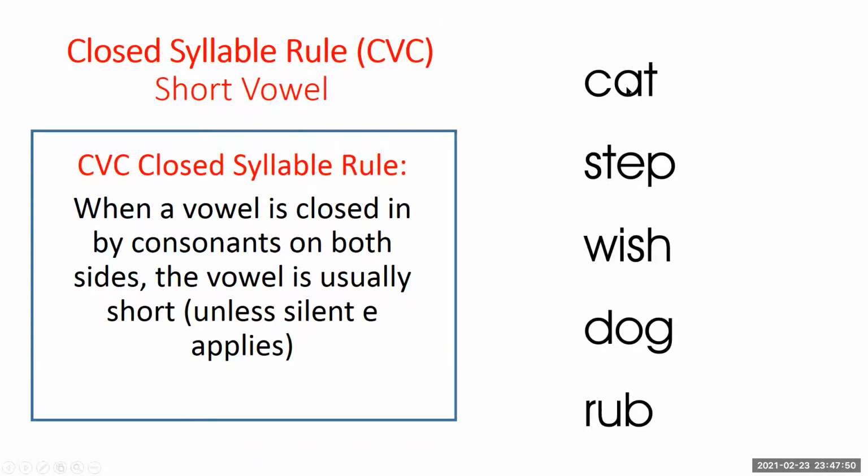So we have our consonant vowel consonant, cat, and then we have the consonant blend, ST, vowel consonant, step. We have our W, I, and then our digraph, sh, wish. We have d, o, g, dog. And then we have a consonant vowel consonant, rub. So all of these are baby vowels, or they're the short vowels.